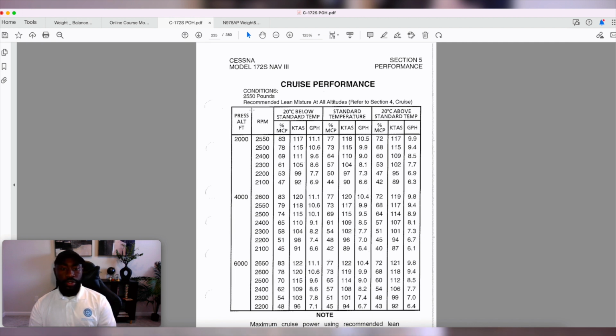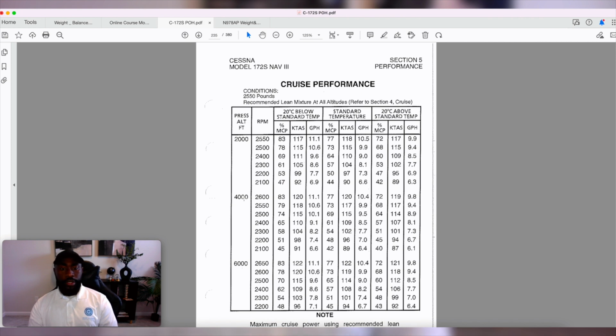For the purpose of this tutorial, I'll use 4,000 feet pressure altitude. As you can see here, it gives you 20 degrees below standard temperature, a standard temperature section, and 20 degrees above standard temperature. So it's important to know the idea of standard temperature, because how do you know where to choose, right?